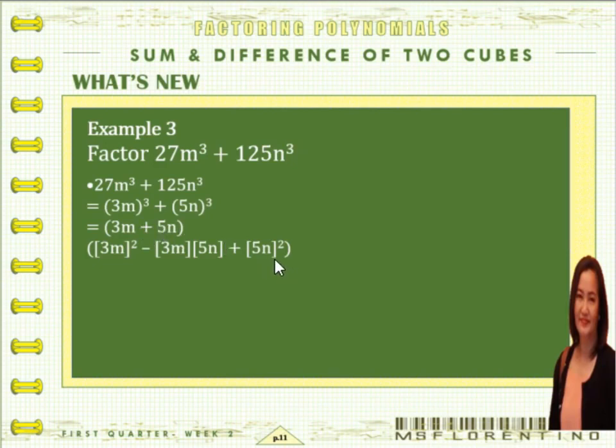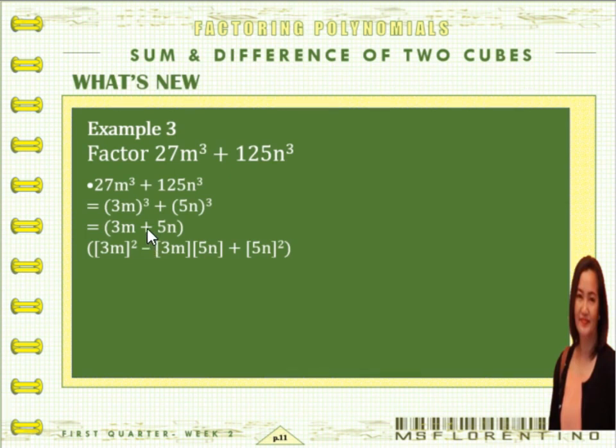So 5n raised to the power of 2. To get the middle term, multiply the first and the second term of the binomial factor. We have here 3m times 5n. The sign of the middle term is the opposite sign of the binomial factor.